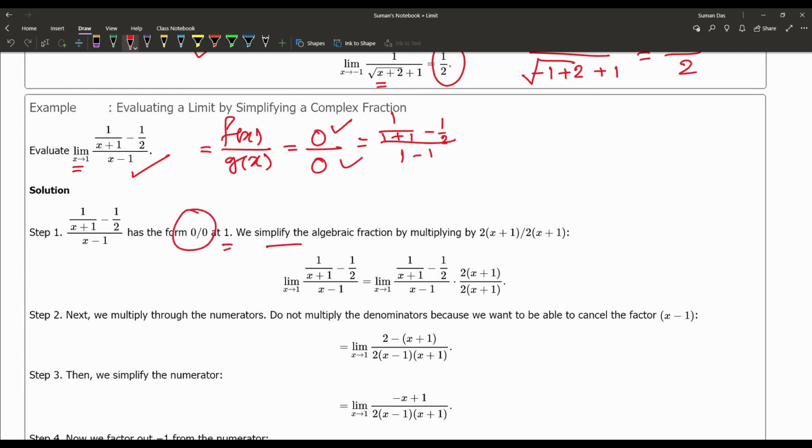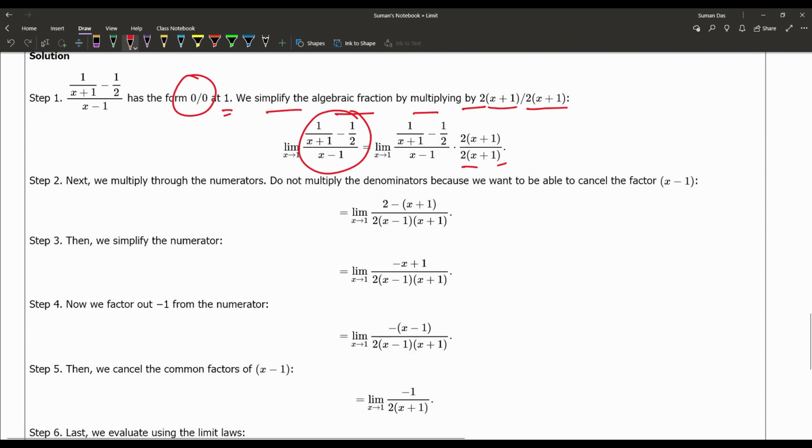So we simplify the algebraic fraction by multiplying by 2 into x plus 1 upon 2 into x plus 1. Next we multiply through the numerators, and the numerator becomes 2 minus x plus 1. Do not multiply the denominators, because we want to be able to cancel the factor x minus 1.